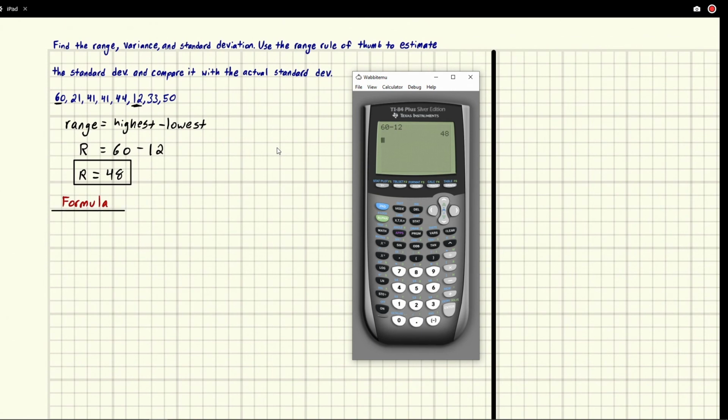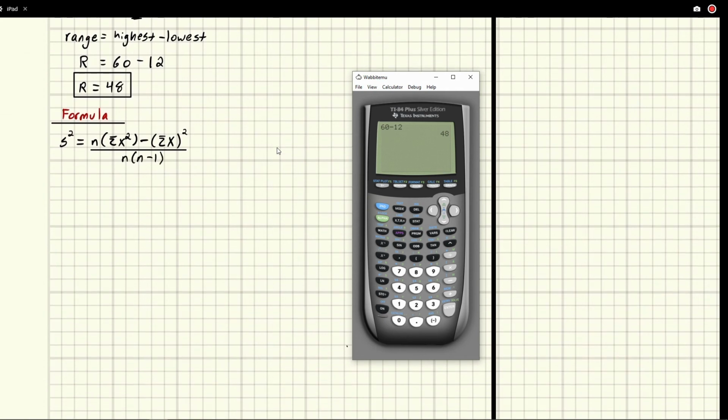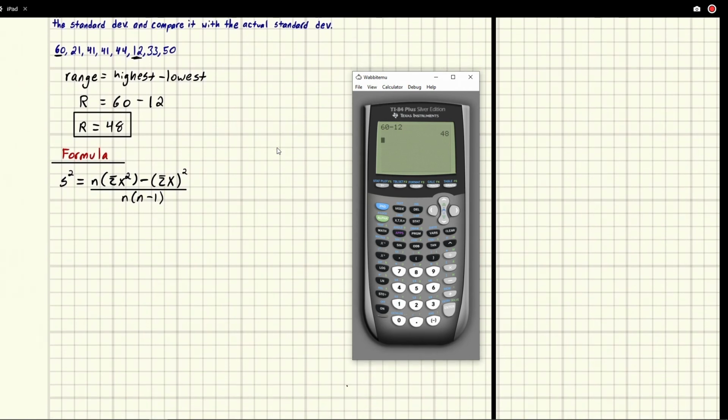So the formula for variance, s squared, I'm going to give you the easier of the two to compute manually, which is n times the sum of all the x squared, minus the sum of all the x's, and then you square that after, divided by n times n minus 1. So this is the formula for the variance, and it looks a little intimidating just because we've got a sum of x squared in there, but it's not too bad.